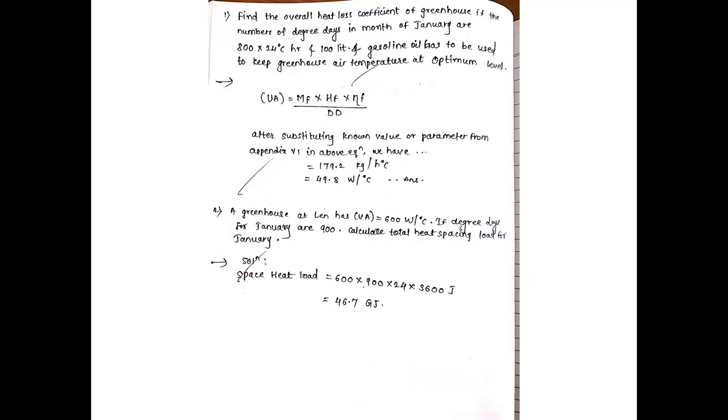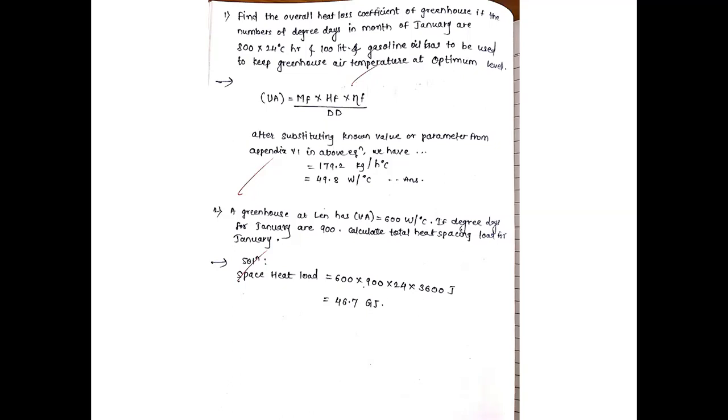Find the overall heat loss coefficient of a greenhouse if the number of degree days in the month of January is 800 by 24 degrees Celsius hour, and 100 liter of gasoline oil has to be used to keep the greenhouse air temperature at optimum level. Solution: VA is equal to MF into HF into eta F upon DD.